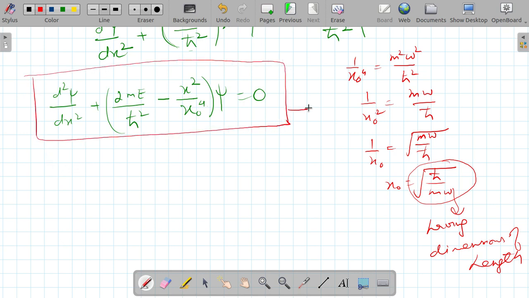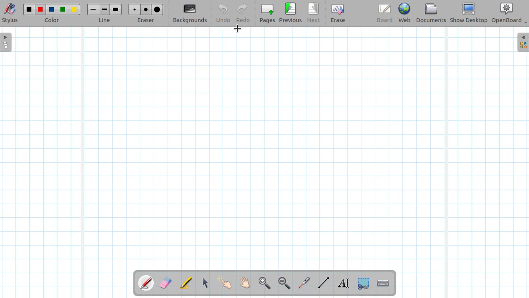Now our purpose is to solve this differential equation, and the solution is a little bit tricky, and for that we have to make use of the Hermite polynomial. That is very rigorous mathematics, but I am not going into detail of that here. So I am directly writing the results.